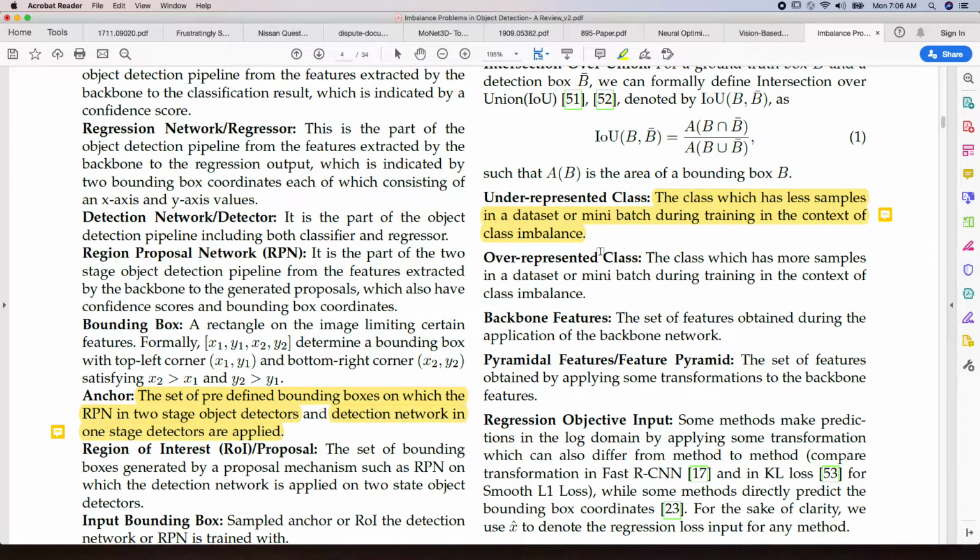So definitely the underrepresented class is the class which has fewer samples in a data set or in a mini batch, and that's another one. This is another very interesting thing to look at, because there was a paper we reviewed, curriculum learning, in our archive on paper review.